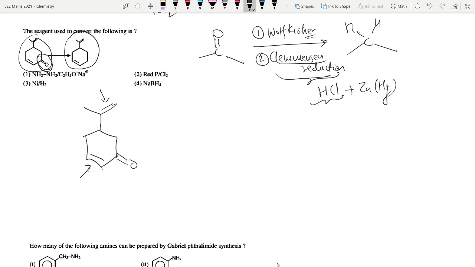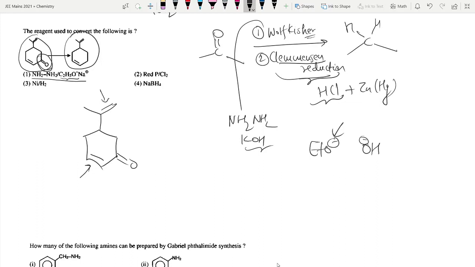Then you have this, the condition for Wolff-Kishner reduction, in which you use hydrazine and a base, normally KOH, but here a better base has been used. This is EtO minus, which is an even better base than OH minus, because this minus is highly destabilized. So this is Wolff-Kishner reduction, and it can do this job, because these reactants can't affect the double bonds.